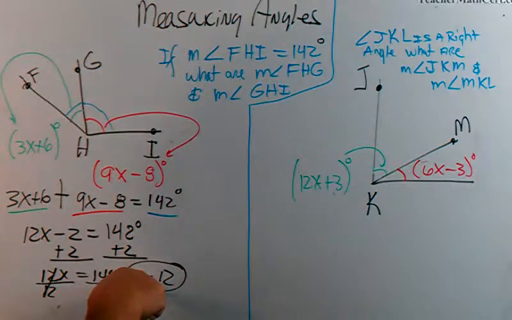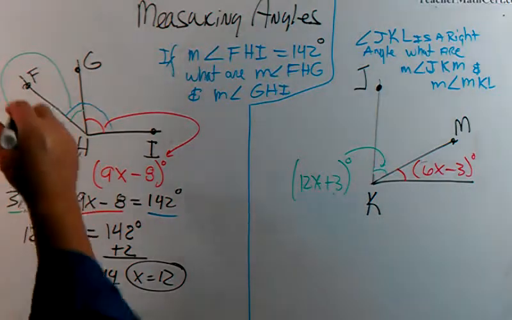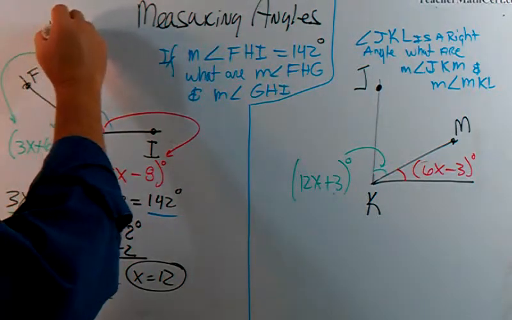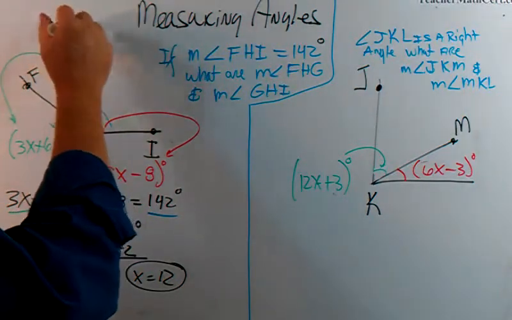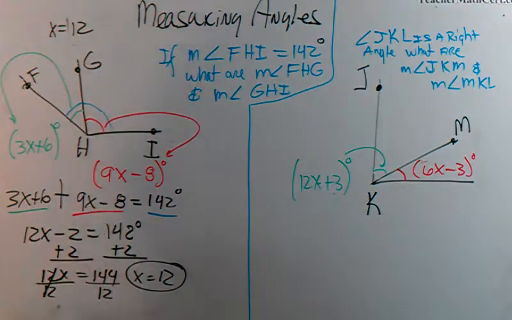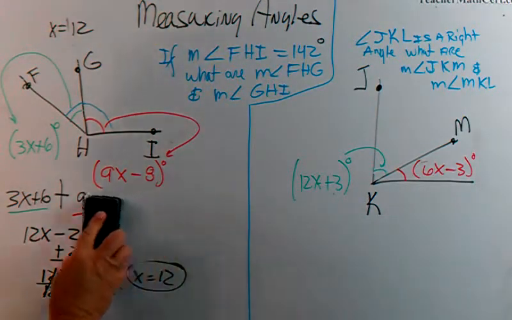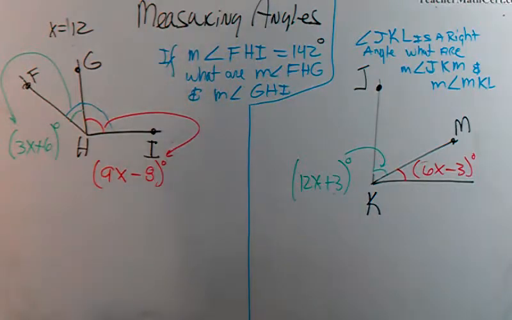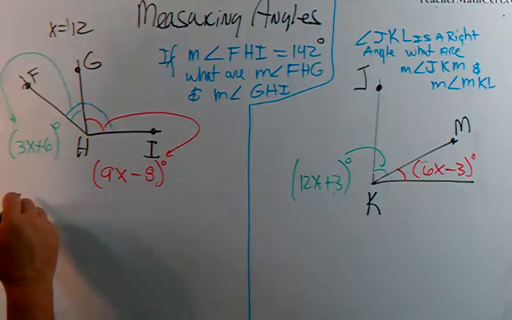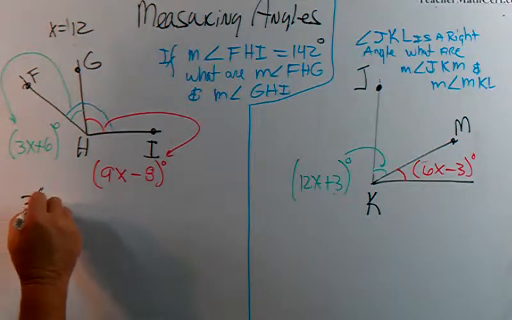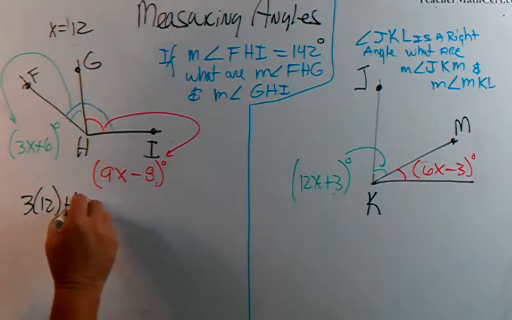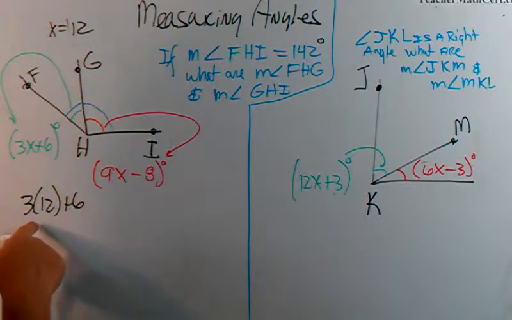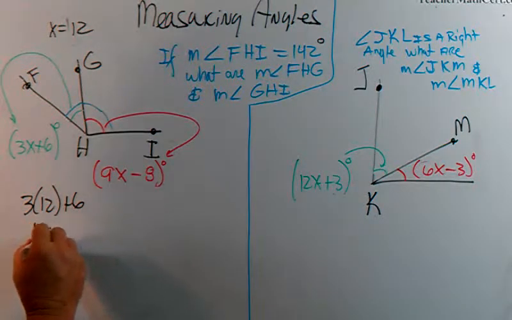Now we take this value and we plug it back into this equation. So let me go ahead and do that. Let me erase this right here. So the value of x is equal to 12. So we've got 3 times 12 plus 6. It's going to be 36 plus 6, what? 42.